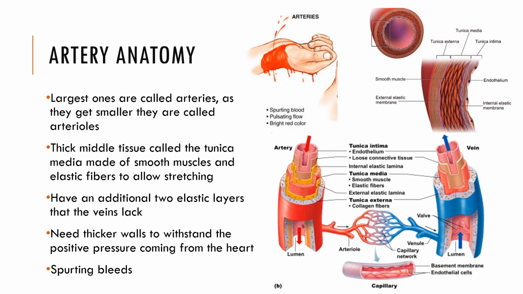Now, these vessels have a thick middle tissue called the tunica media. And this is made of a muscular tissue, which is really important to allow this to stretch and accommodate for the high pressure of the blood that is being pushed through this tiny tube.